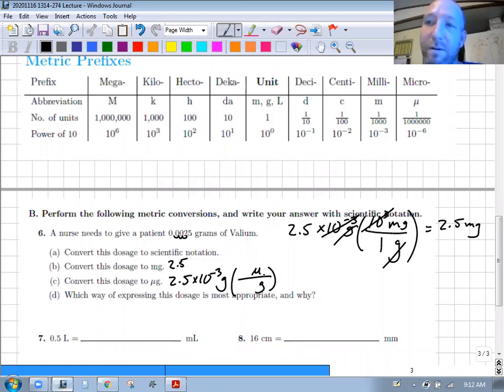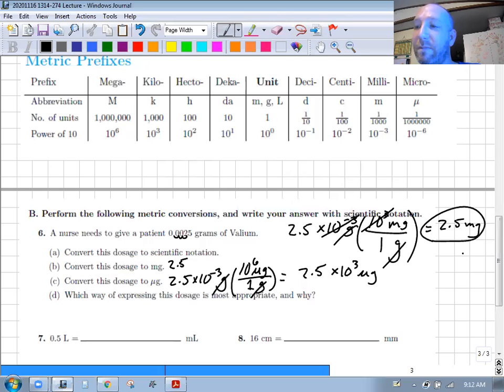We want micrograms. There is 10 to the 6th micrograms per gram. So we got 2.5, 10 to the negative third, 10 to the 6th gives us a 10 to the third micrograms. Which is the best way of expressing this dosage? I'd say milligrams.